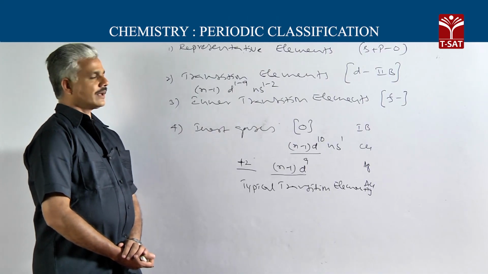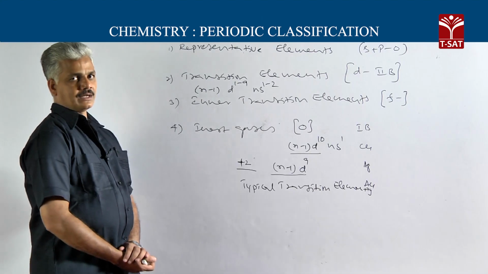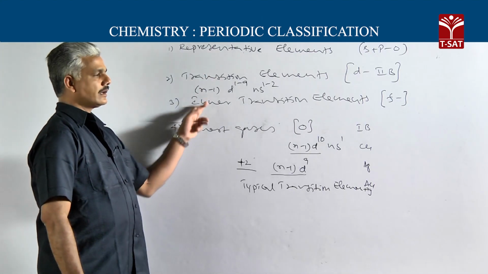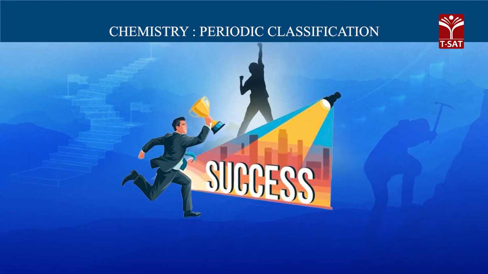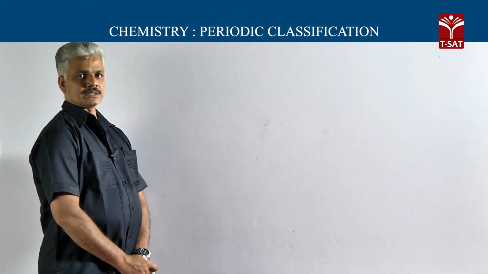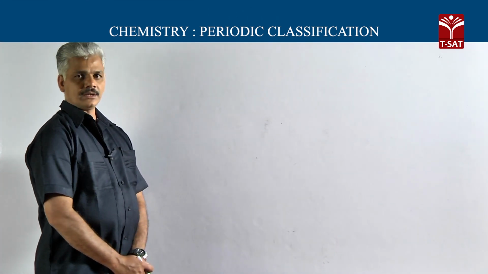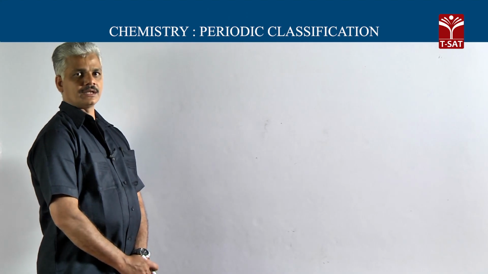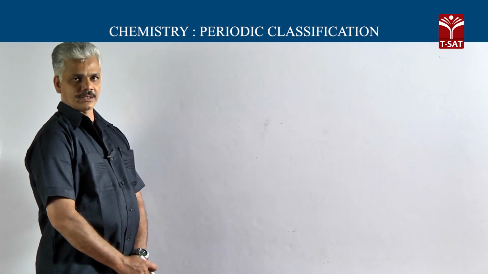Of course, chemical properties of the elements are dependent on electronic configurations anyway. Now, we are going to discuss periodicity, periodic properties and their variations in the periodic table.